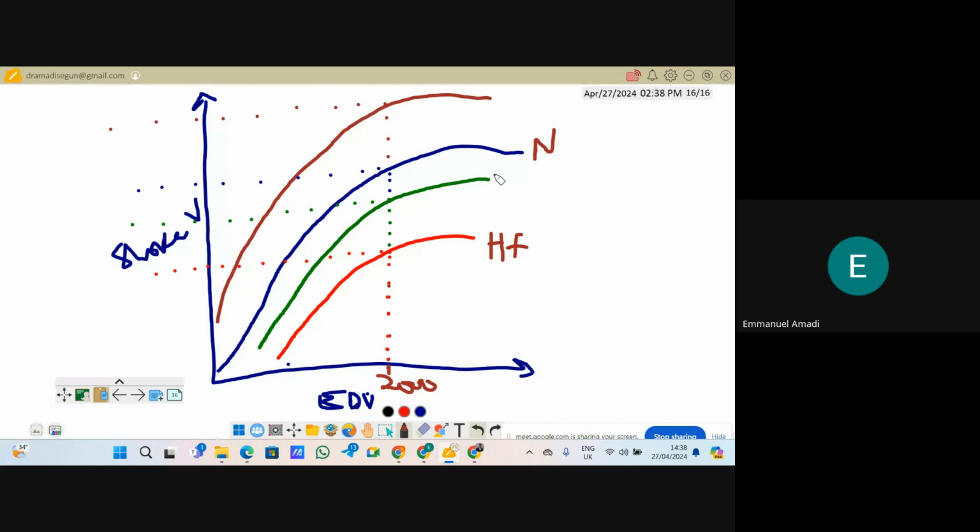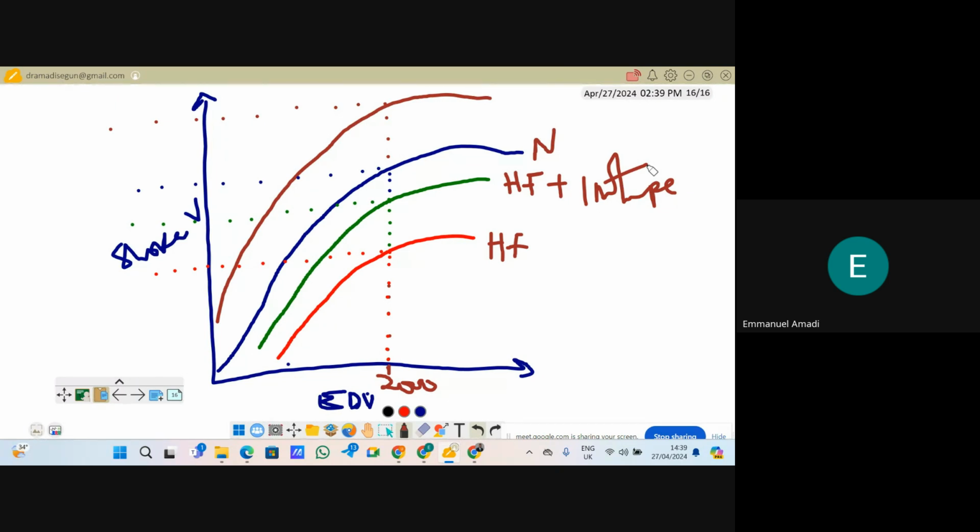Now, this green line, that the stroke volume has increased compared to patient with heart failure, but it is still lower than a normal person, is a heart failure patient that you have given an inotrope like digoxin or dobutamine. So this is heart failure plus inotrope. Classically.